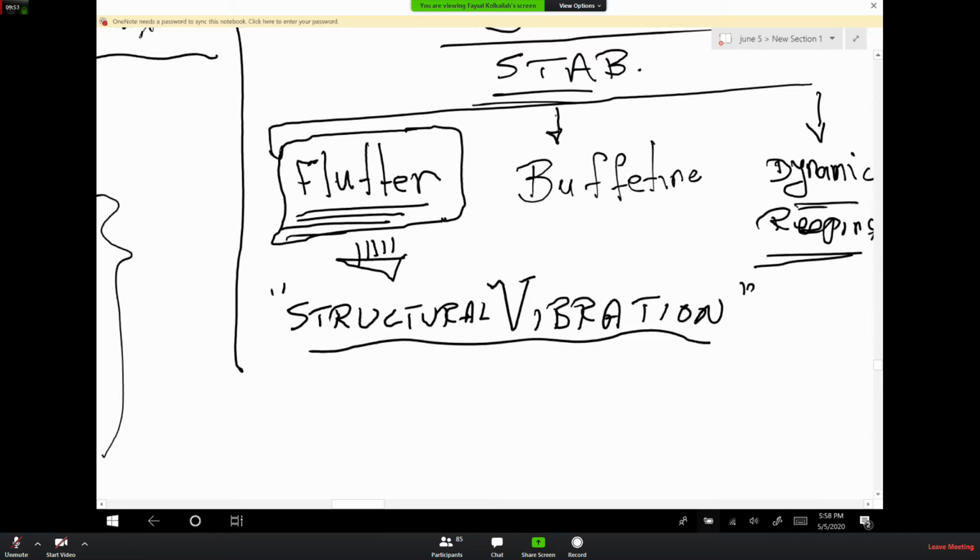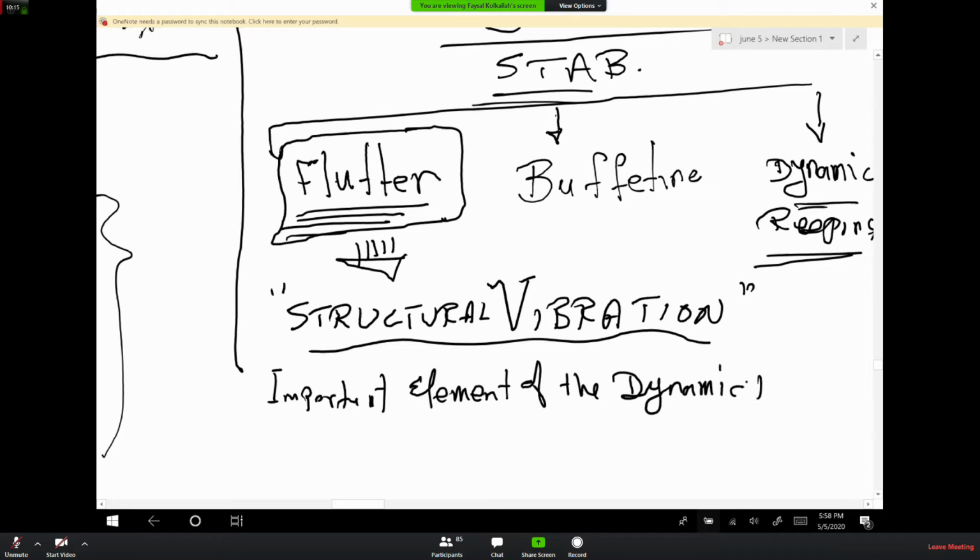So this one here is an important element of the dynamic problem of aeroelasticity, period.